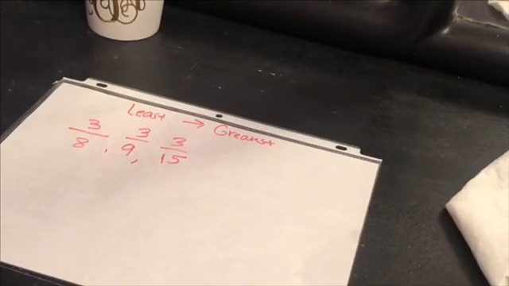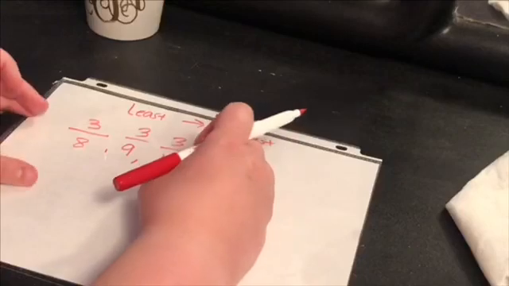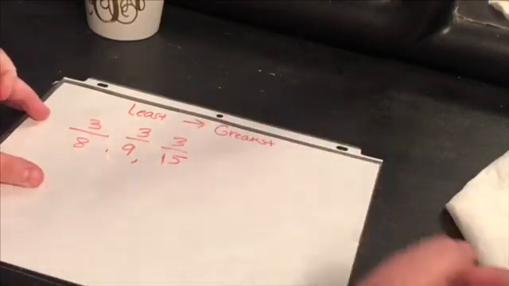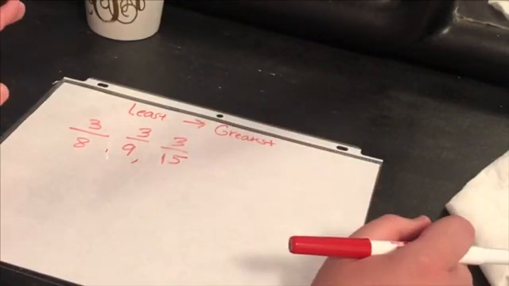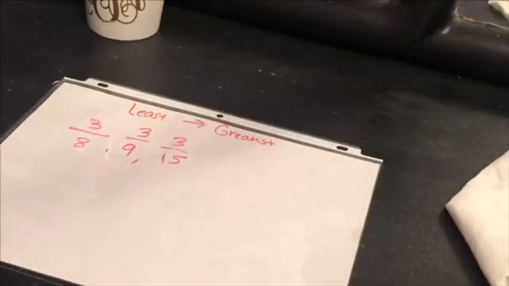Whenever you're trying to compare and order fractions with like numerators, you're going to look at your denominators. And a trick with this is the bigger the denominator, the smaller the fraction. The bigger the denominator, the smaller the fraction.